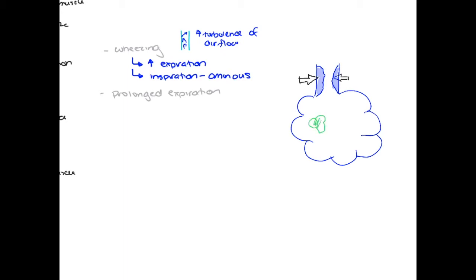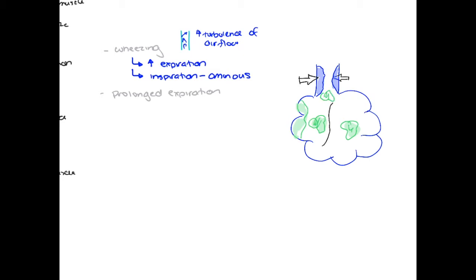So the problem is on expiration, as we try to forcefully expire, the mucus can make its way up to the bronchiole, which is already narrowed, especially during expiration, and it can start blocking exit of air. So it's much harder to force air out through the airway because of the narrowing and the mucus that's plugging the airway.